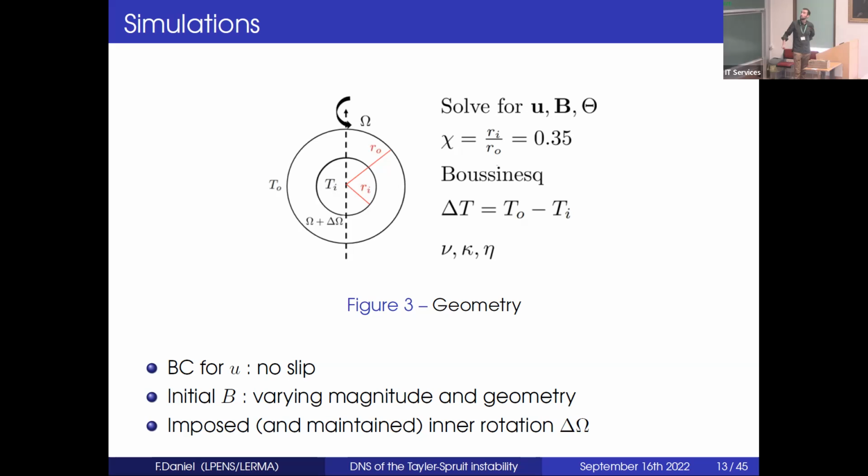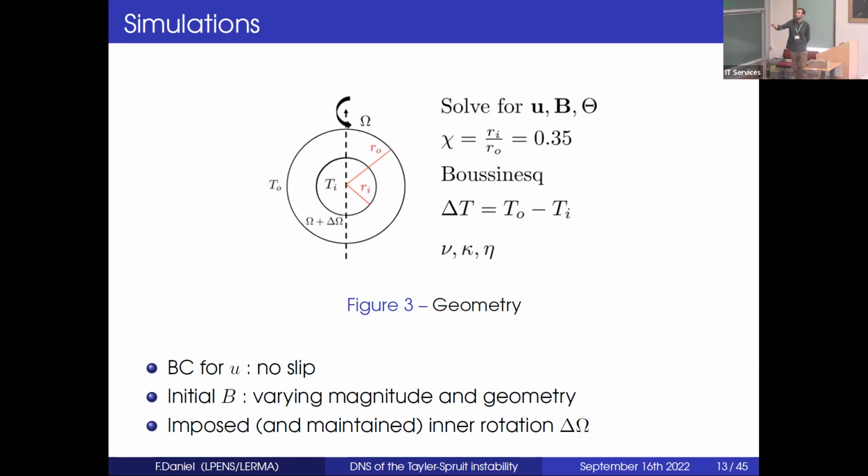We're fixing the geometry, which is going to correspond to approximately a star of 3 solar mass. And we achieve stratification by applying a constant temperature gradient between the inner sphere and the outer one. And the molecular diffusion coefficients are maintained constant in space and time during one simulation.